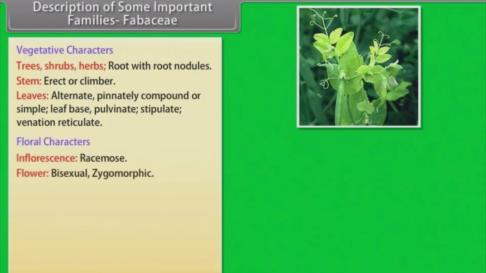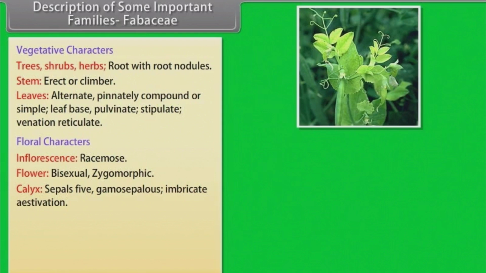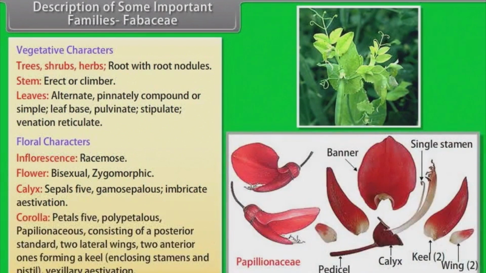Flower bisexual, zygomorphic. Calyx, sepals 5, gamosepalous, imbricate aestivation. Corolla, petals 5, polypetalous, papilionaceous, consisting of a posterior standard, 2 lateral wings, and 2 anterior ones forming a keel, enclosing stamens and pistil, vexillary aestivation.